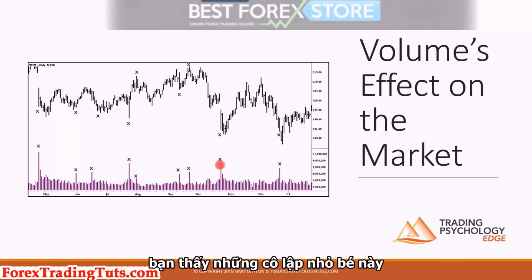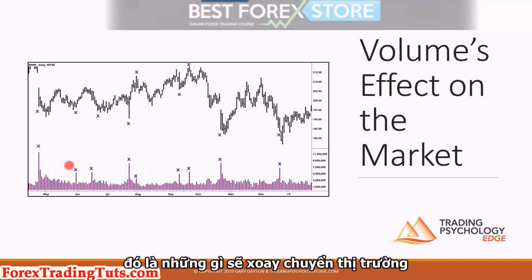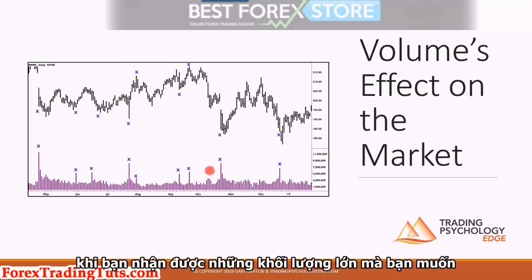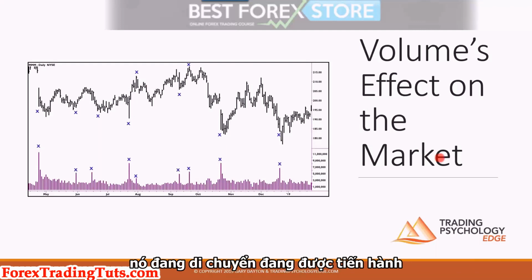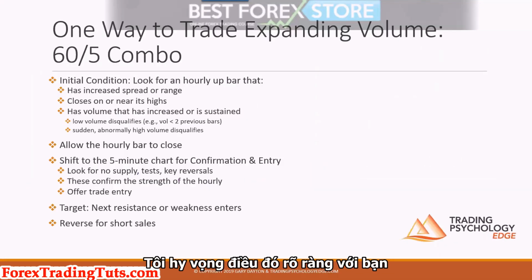You see these little isolated spikes in volume, these pops in volume. That's what's going to turn the market. Whether they're to the upside or up here to the downside, volume coming in here is actually selling, and volume coming in here is buying. Okay? When you get those high volumes, you want to look at that, absolutely, but not when it's moving in progress, either to the upside or to the downside. I hope that's clear to you.